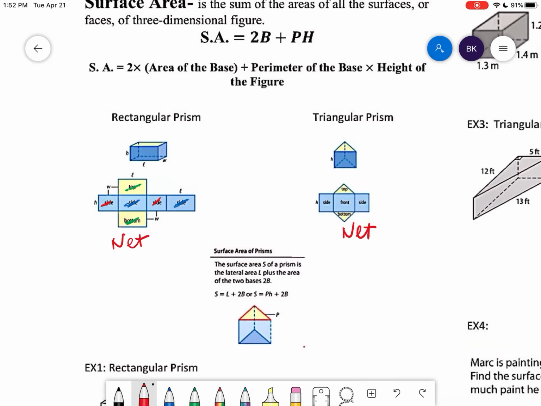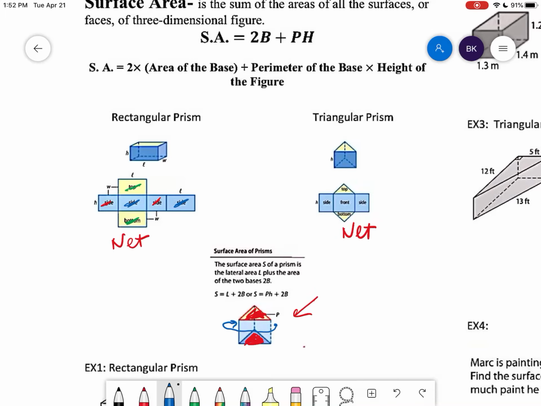In this triangular prism right here, the base is a triangle, so we would find these two areas, right? And then we will find the lateral area again, which is the area around the shape, so something like that, right?